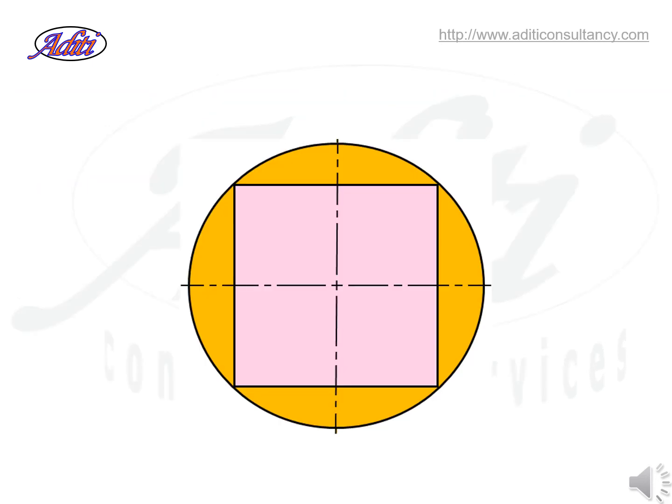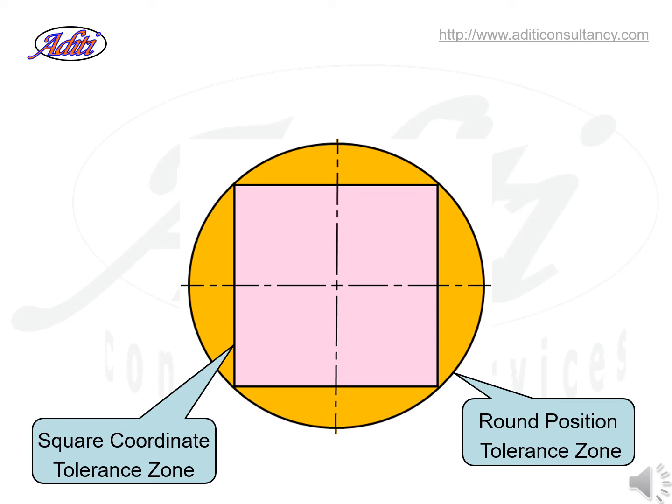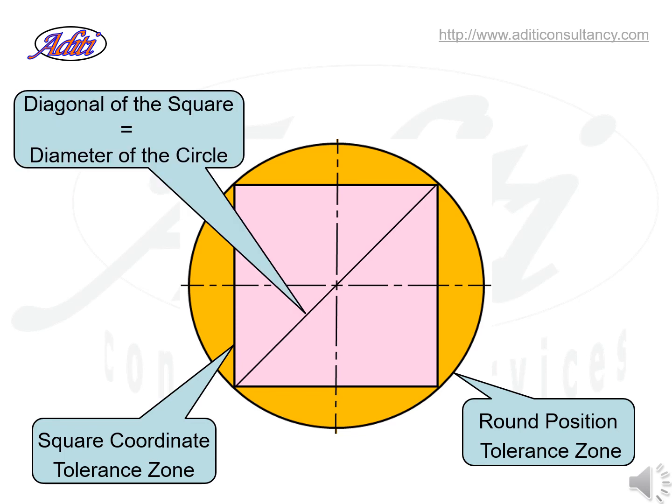In the figure, we see that 0.28 mm round tolerance zone is a circumscribing circle over the 0.2 mm square tolerance zone. The relation between these two tolerance zones is diagonal of the square is equal to the diameter of the circle.